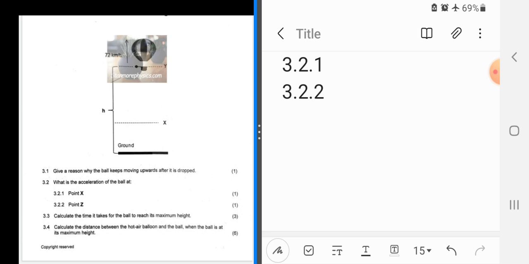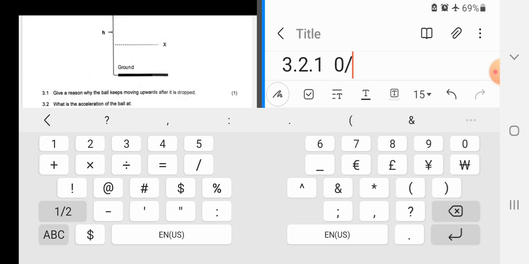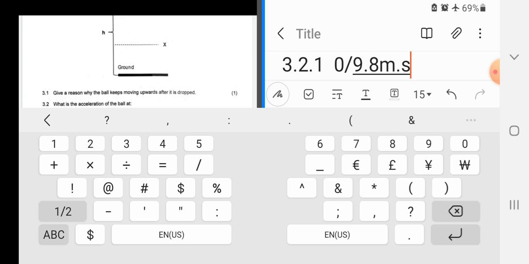That is the acceleration of the ball. So we can say it's 9.8 meters per second squared down, or we can say it's 0. You can say 0, or you can write it as 9.8 meters per second to the power of -2.